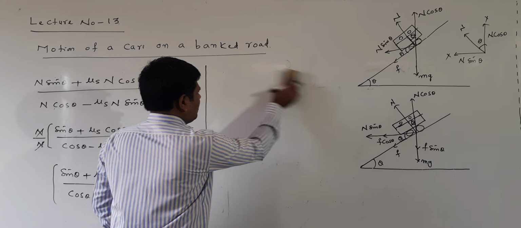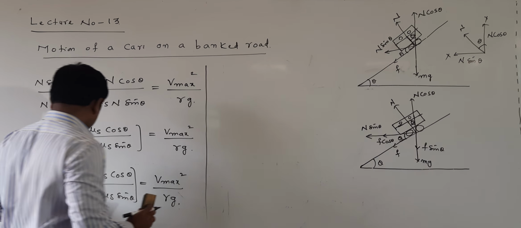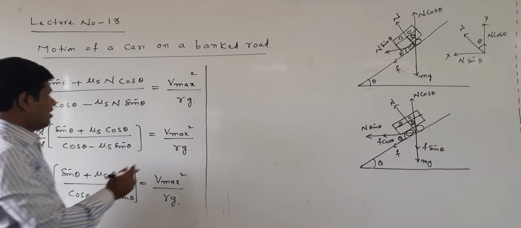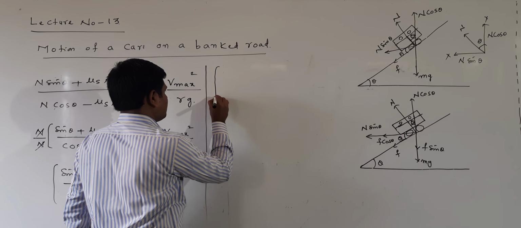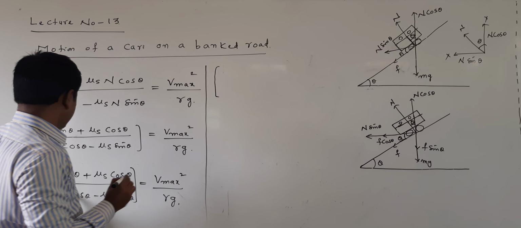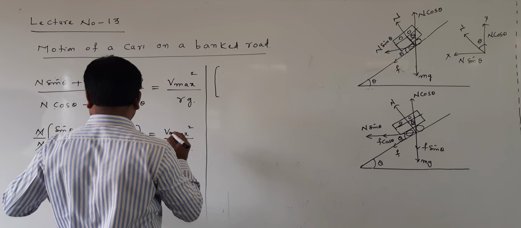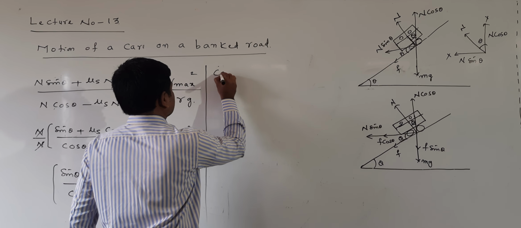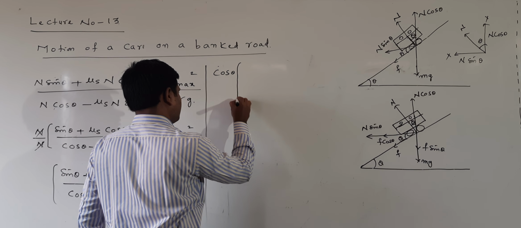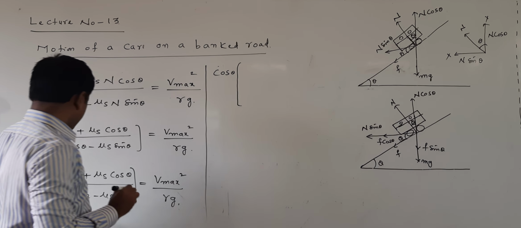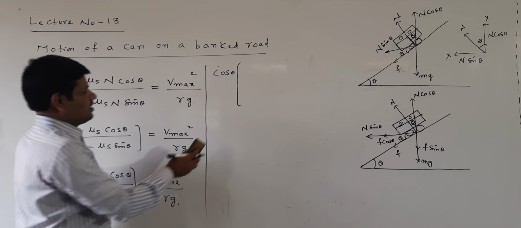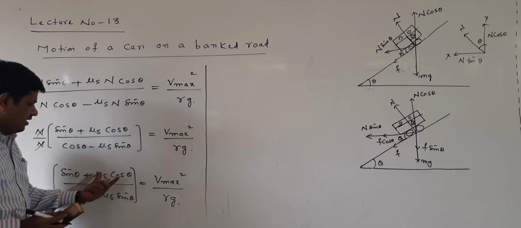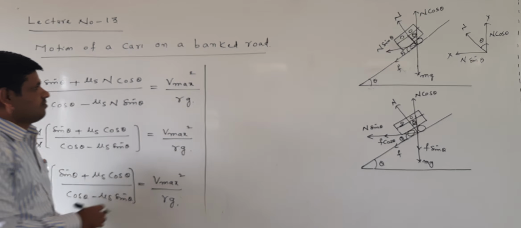Next, in this equation I am taking cos theta common. In the numerator and denominator I am taking cos theta common, or in a simpler way, the numerator and denominator are divided by cos theta.